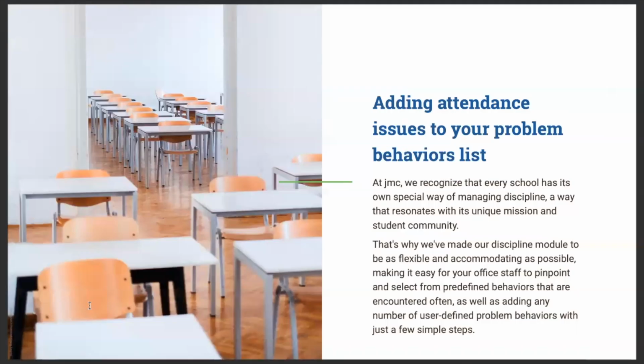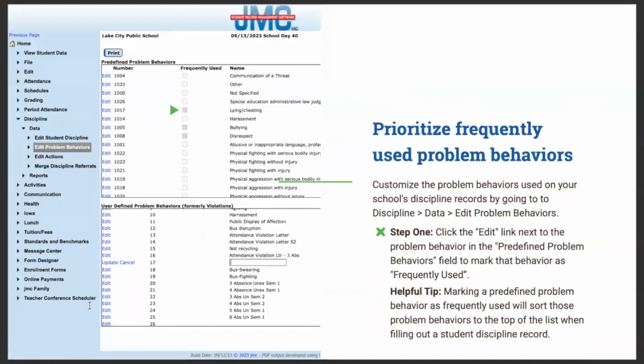At JMC, we recognize that every school has its own special way of managing discipline, a way that resonates with its unique mission and student community. That's why we've made our discipline module as flexible and as accommodating as possible, making it easy for your office staff to pinpoint and select from predefined behaviors that are encountered often, as well as adding any number of user-defined problem behaviors with just a few simple clicks.